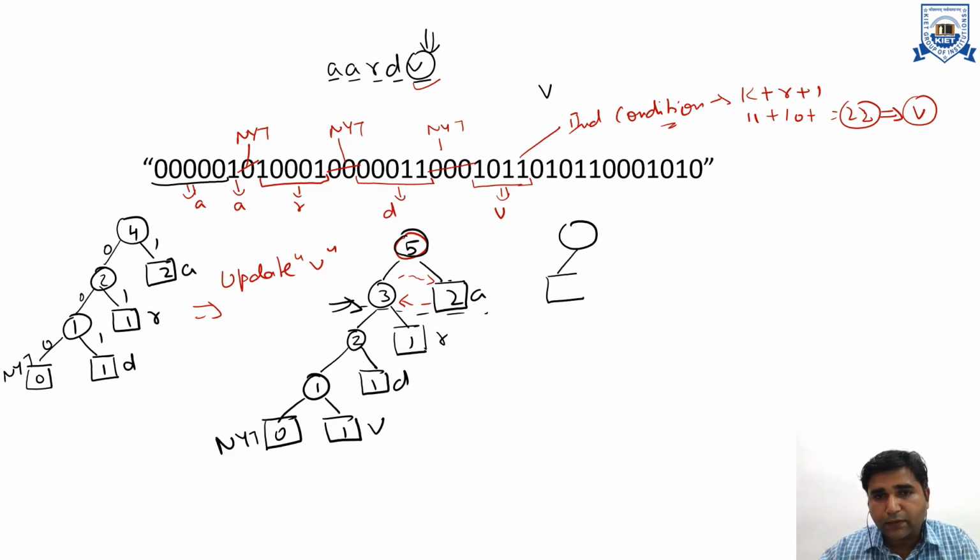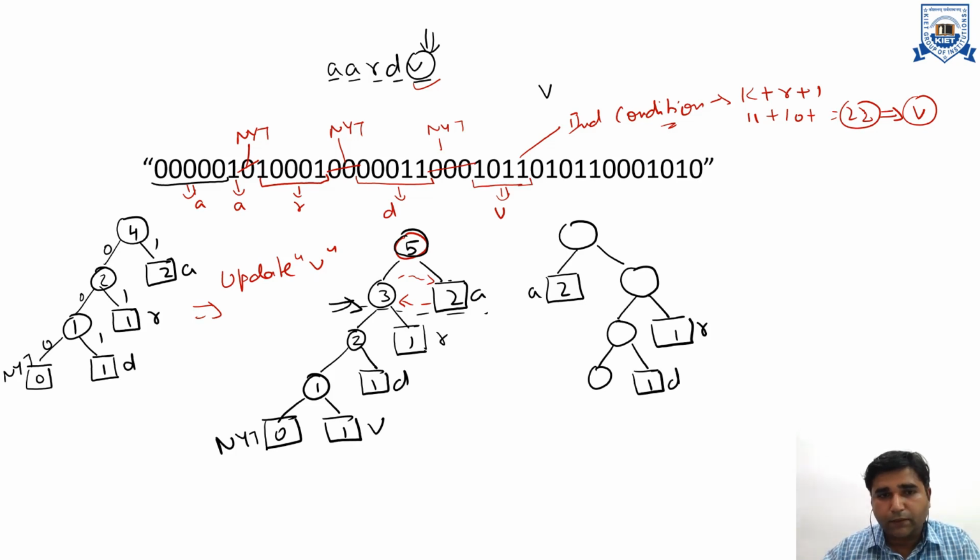On the left hand side we have symbol A with weight 2. On the right hand side we have an intermediate node, then an inverted node, then symbol R with 1, then symbol D with 1, then another inverted node, then symbol B with 1, and NYT 0.